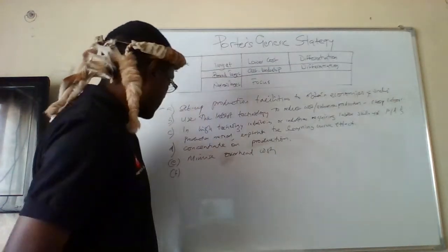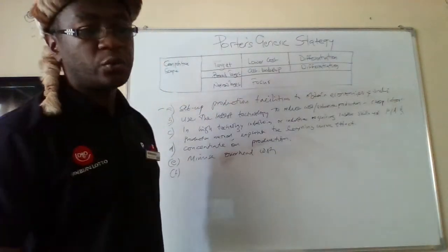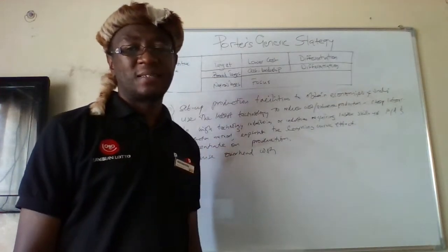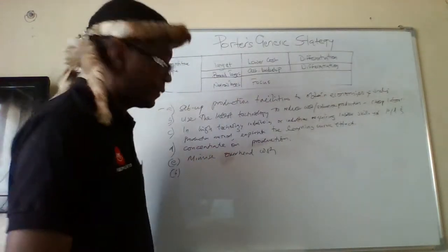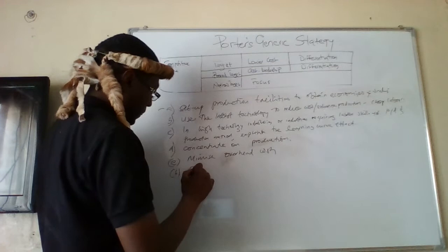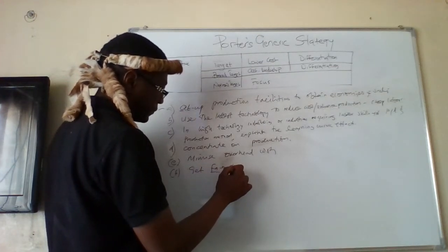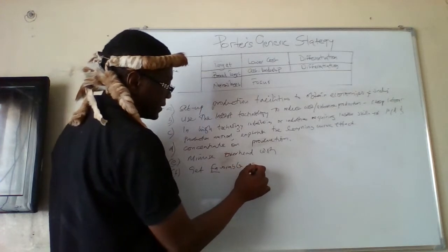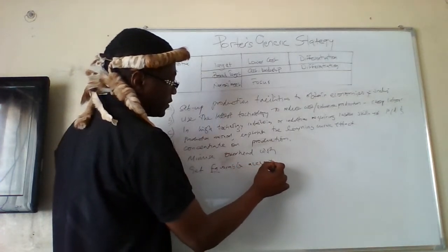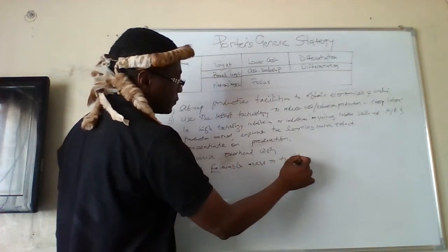And then F, you need to get favorable access to the sources of supply.